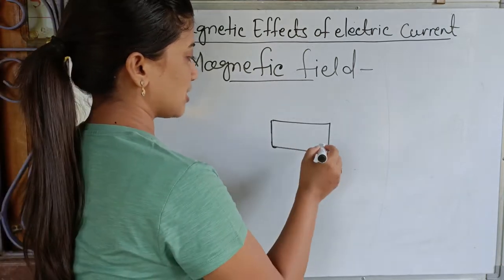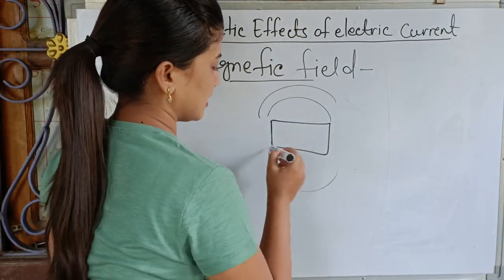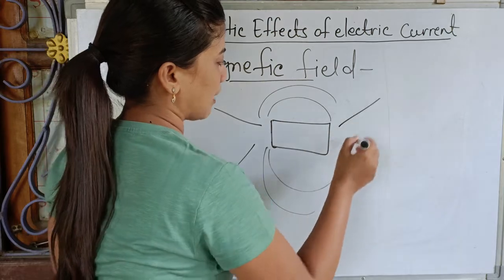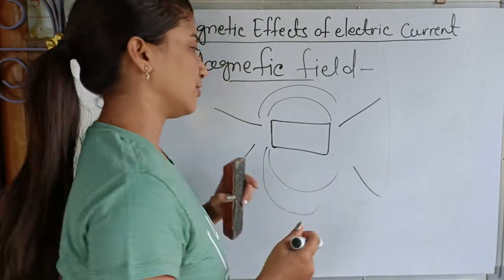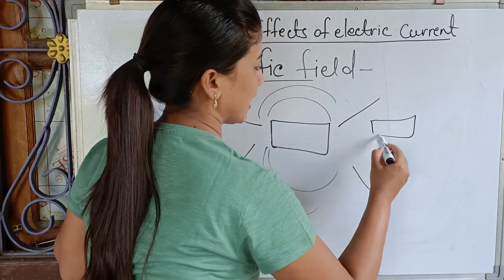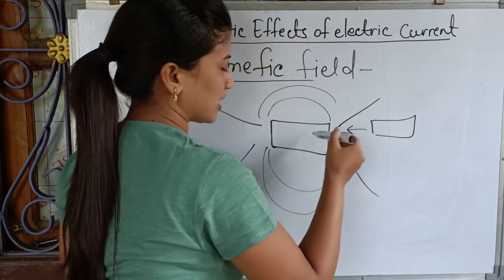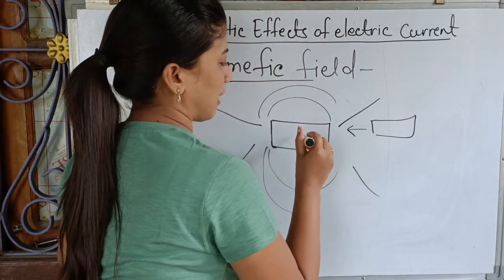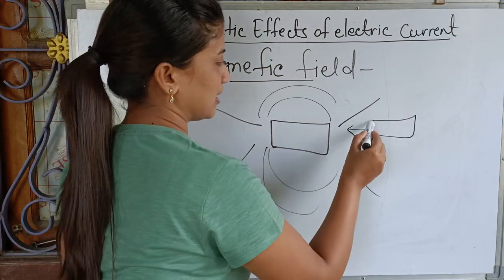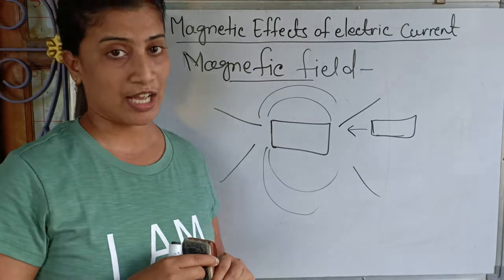Okay, so now this is a bare magnet. In case of a bare magnet, the magnetic field is in this area where you can have this magnetic effect. To check the magnetic field, we can take another magnet. Whenever we move this magnet towards this magnet, once it starts reaching into the magnetic field of this magnet, the small magnet will start to feel the interaction.